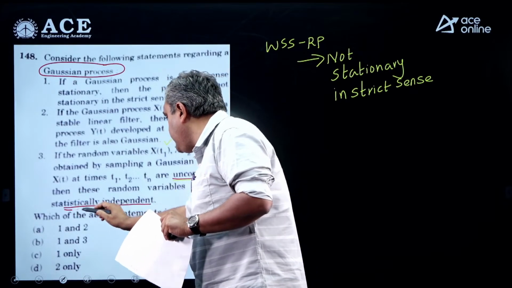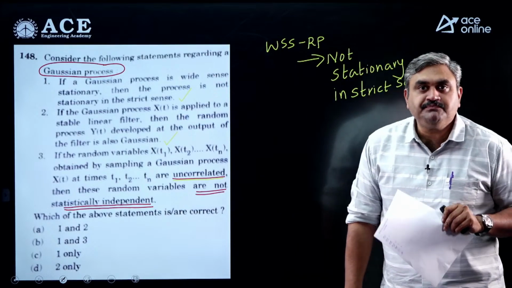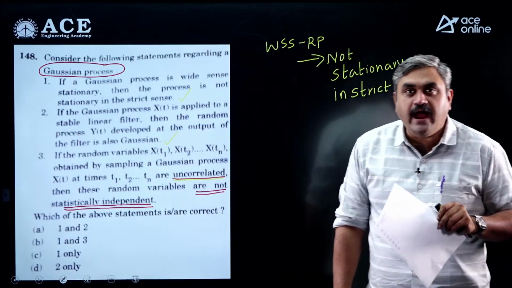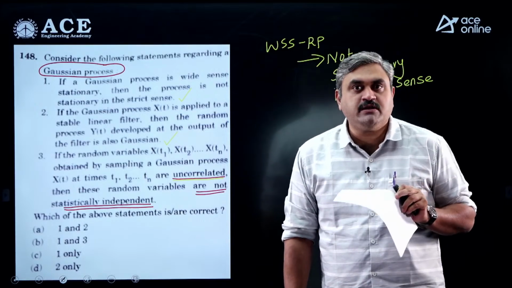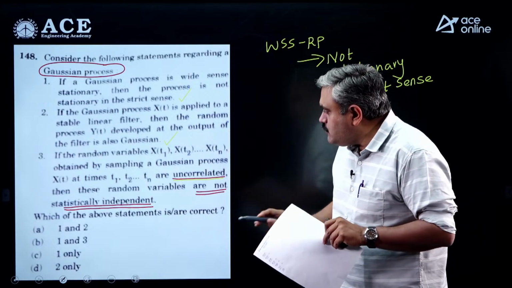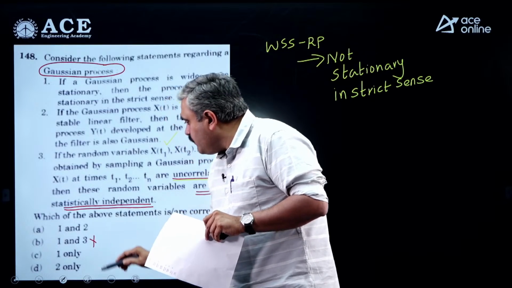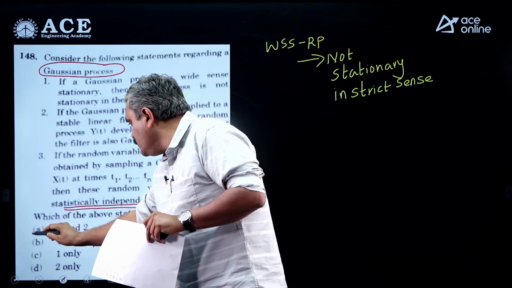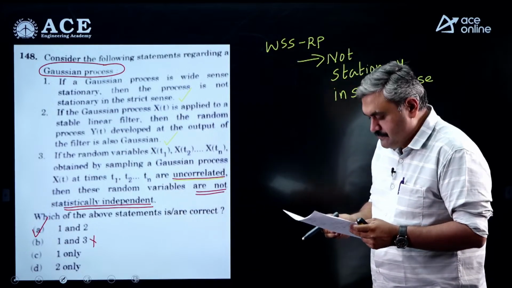One important point we covered in class: for Gaussian random variables, uncorrelatedness and independence are the same. That applies only to Gaussian random variables, but here he is saying it does not apply. That means you can remove statement 3. So the only possibility is 1 and 2. Both these statements are correct. You can go with option A.